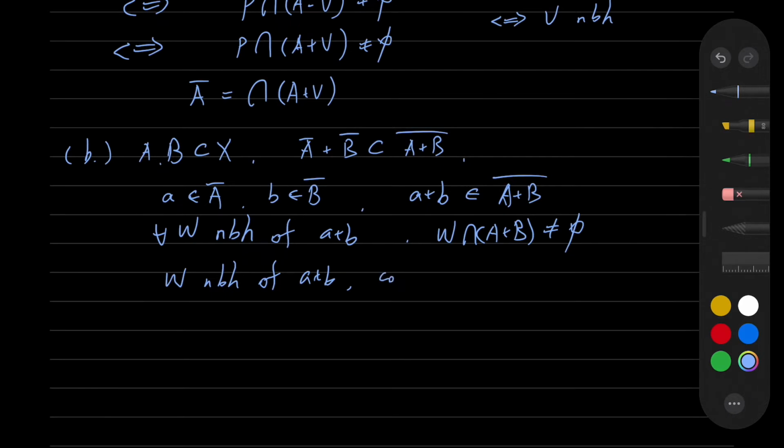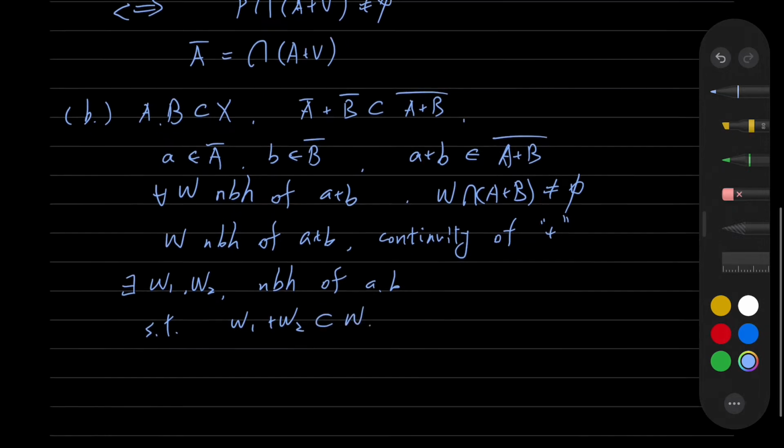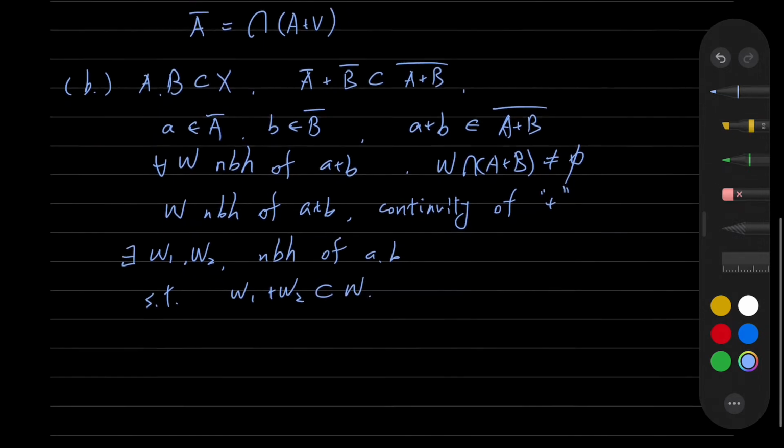And by the continuity of addition, there exist W1, W2, which are neighborhoods of a and b, such that the sum of these two neighborhoods is contained in W. So this is the definition of continuity.